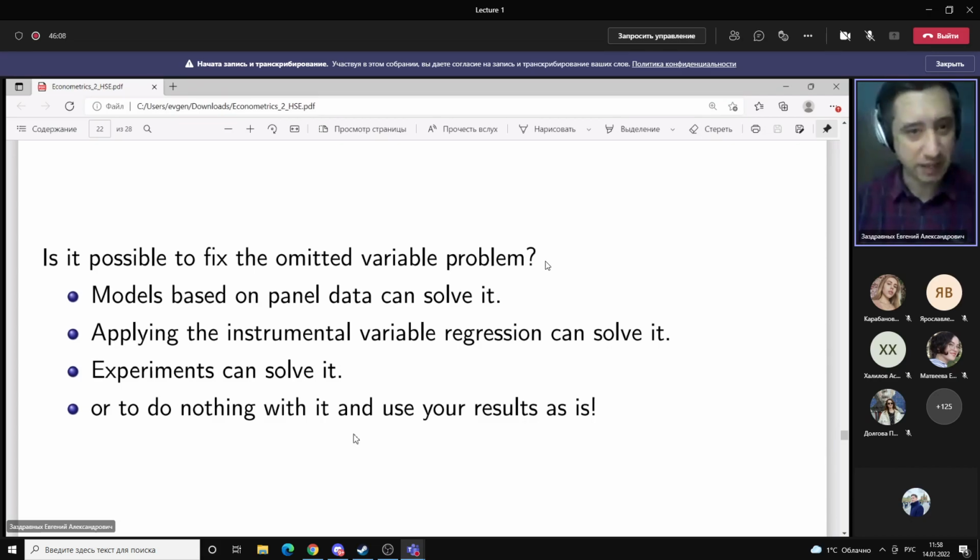I didn't have panel data. I couldn't apply instrumental variable regressions. I couldn't run experiments. So I decided to do nothing with that. But anyway, these results could be pretty interesting and useful for practice. But interpretation of such regressions should be done with some caution.